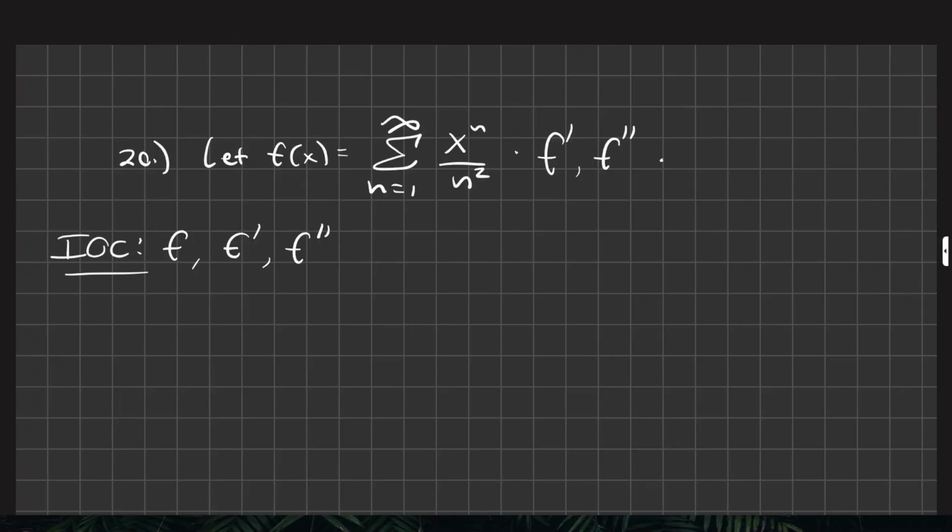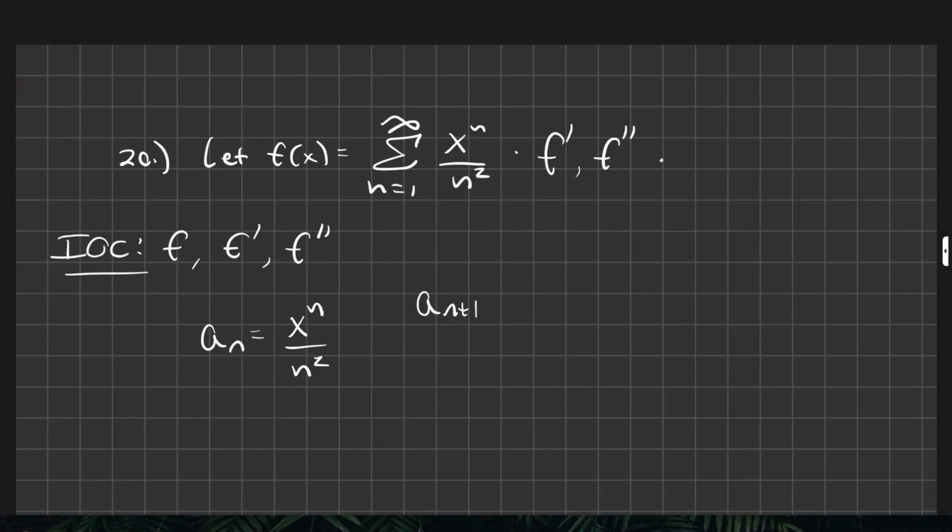Okay, so this is a pretty fun problem, I think. We're given this series f of x. To find the radius and interval of convergence for f, we'll just run through the ratio test. So we pick a_n to be x to the n over n squared.